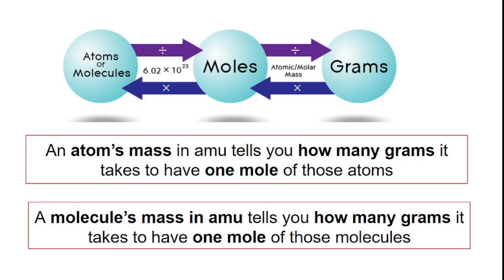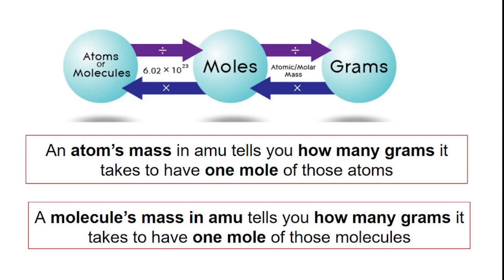But if you look at that figure 5.3 on page 147, you'll see that they give you examples of different things that have a mole of that substance. They have water, sodium chloride, which is table salt, they have iron, and they have hydrogen.